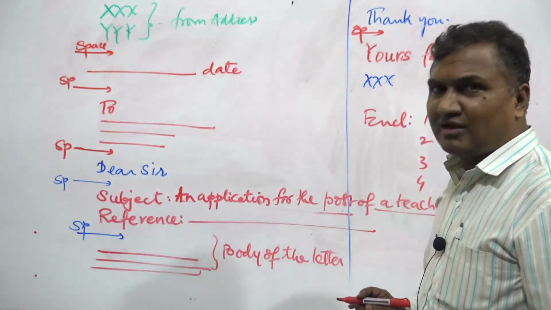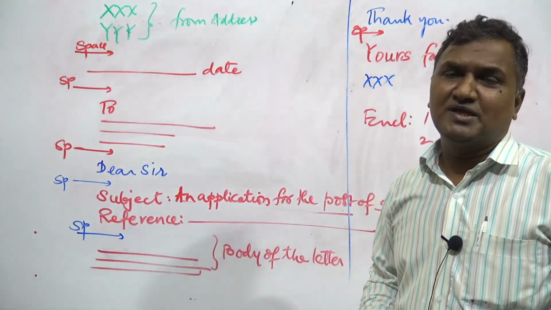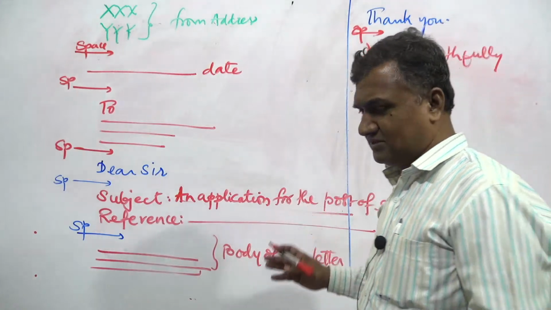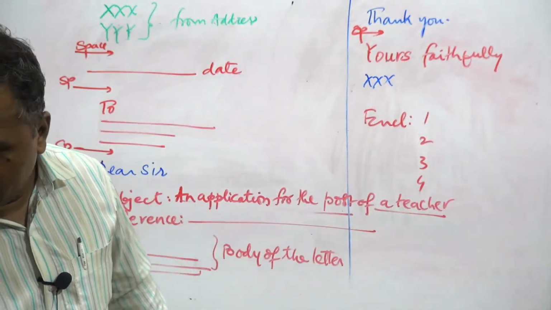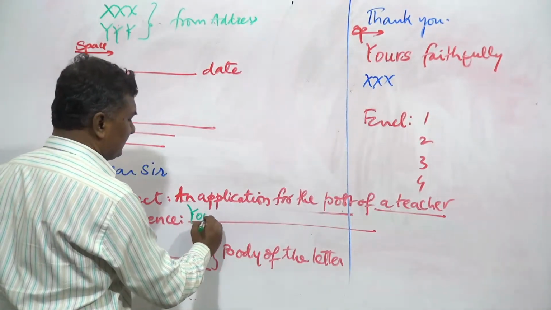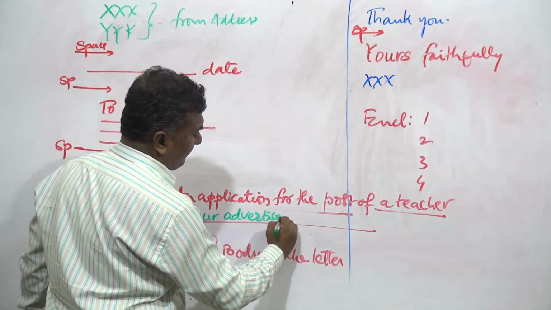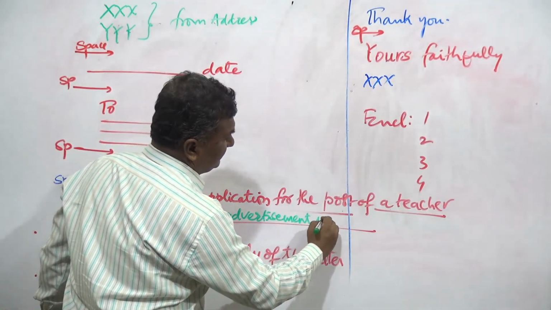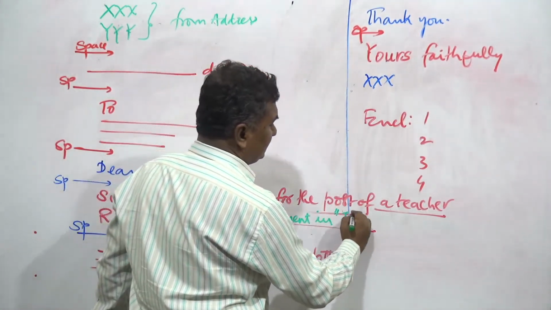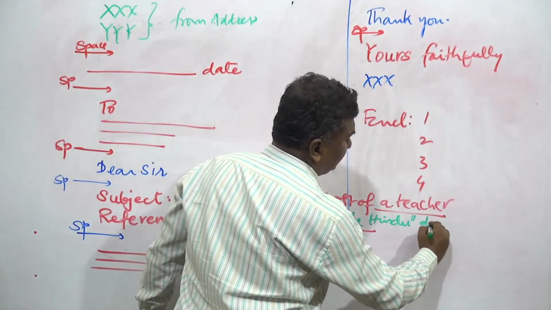Reference. We have to give reference of the newspaper in which this advertisement was published. Very simple here. What can you write here? Reference: your advertisement in, for example, The Hindu, dated.